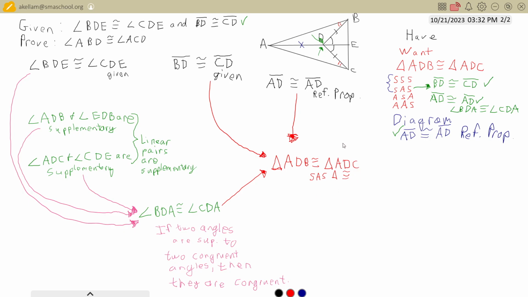Now we can make our final statement, what we ultimately want to prove. And that is that angle ABD is congruent to angle ACD.